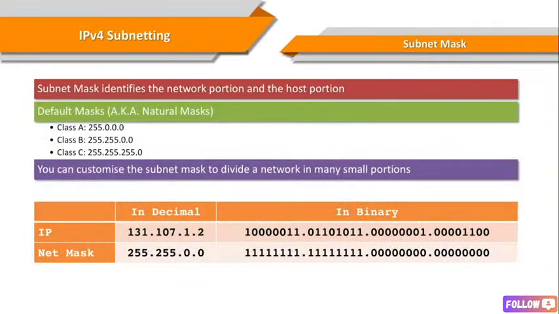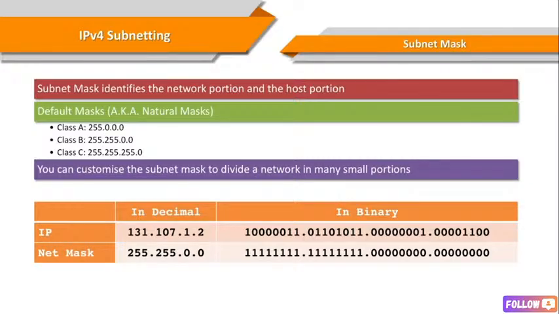So a network mask helps you know which portion of the address identifies a network and which portion of the address identifies the node. An IPv4 subnet mask consists of 32 bits, a sequence of 1s followed by a block of 0s. The trailing block of zeros designates that part as being the host identifier.